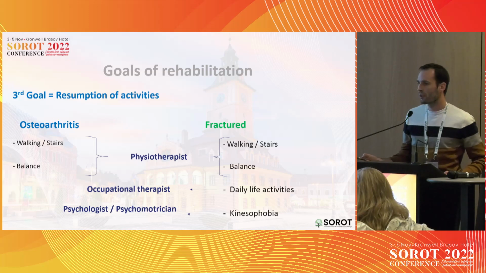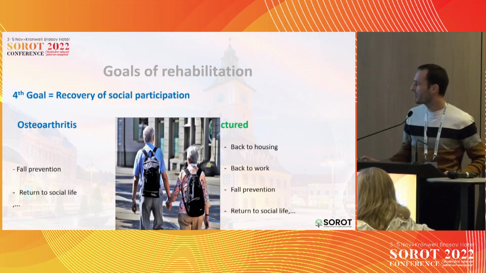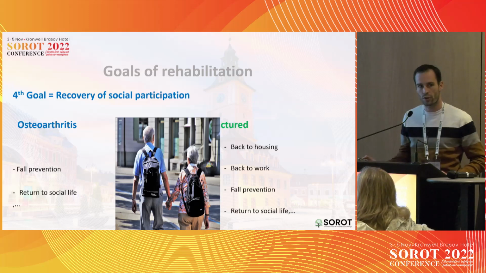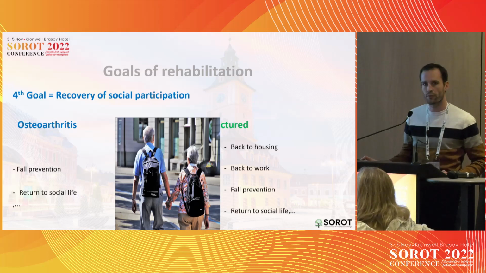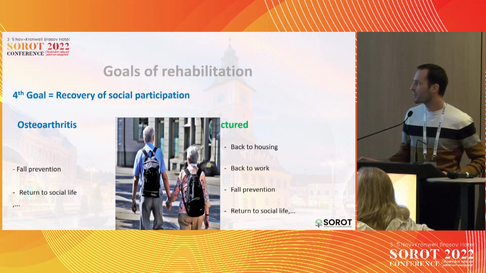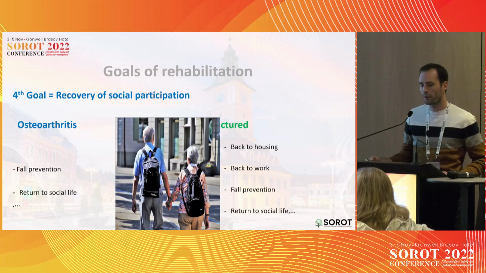Once we have a resumption of the activity, you need recovery of social participation, because the goal of a surgery is to make the patient able to restore their life from before the osteoarthritis or the fracture. So we need to bring the patient back to a social life, to their family life, and you need fall prevention.